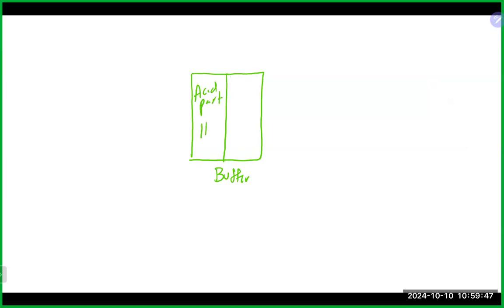So essentially how a buffer works is you have a buffer, and in that buffer, you have an acid part, which is sometimes just abbreviated as HA. You have a base part, which is A minus.